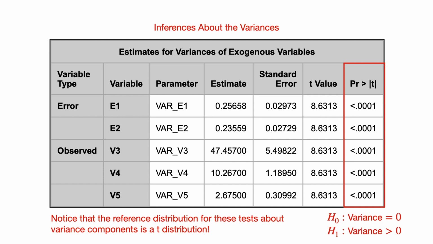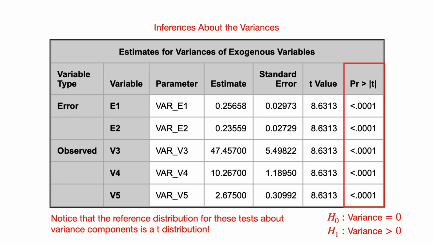Now notice that the reference distribution for these tests about variance components is a t-distribution. Now that may seem kind of strange because usually when we are testing hypotheses about variances, we're using something like the chi-squared distribution, which is a right-skewed distribution. And the reason we do that is because variance components can only take on positive values, and so they tend to have right-skewed distributions.